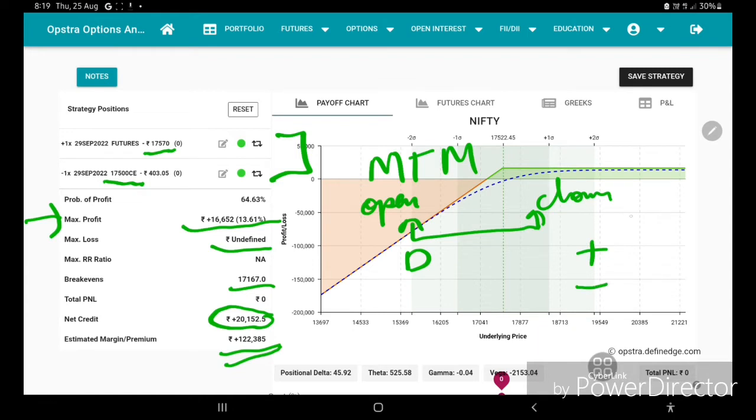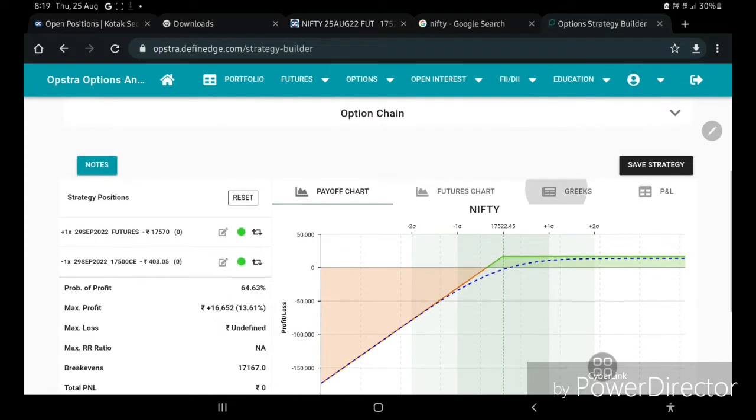In case it is a debit, then you have to pay the margin or pay the loss. You have to maintain that. So that's why you have to keep an extra 1 lakh. Better to keep it.